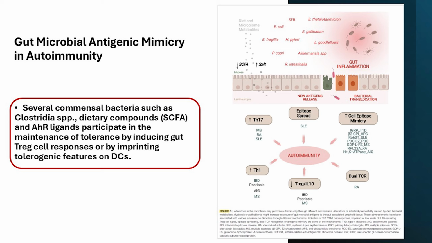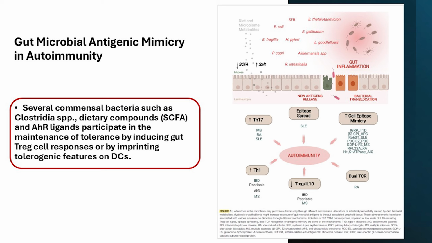And to wrap up this section, I have a quote, which states, quote, several commensal bacteria, such as Clostridium species, think Clostridial cluster 4 and 14A, dietary compounds, think short-chain fatty acids, and AHR ligands participate in the maintenance of tolerance by inducing gut Treg cell responses or by imprinting tolerogenic features on dendritic cells.